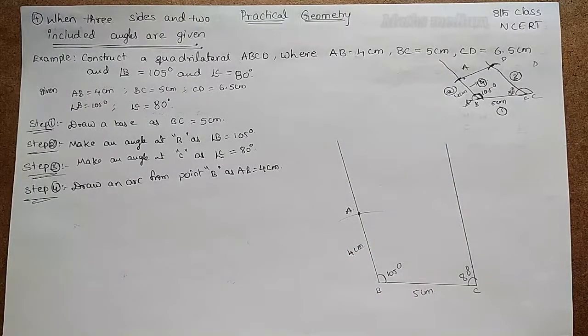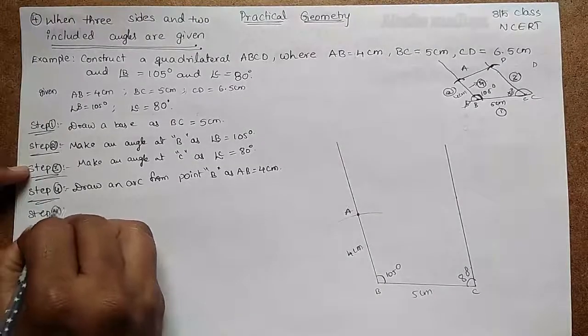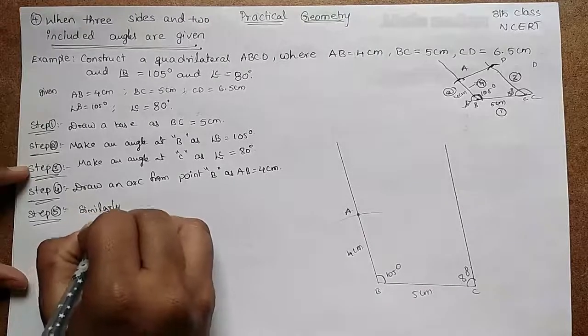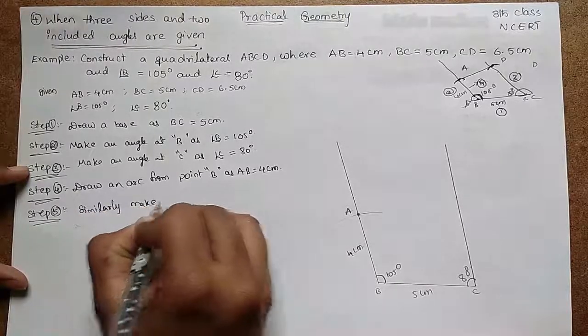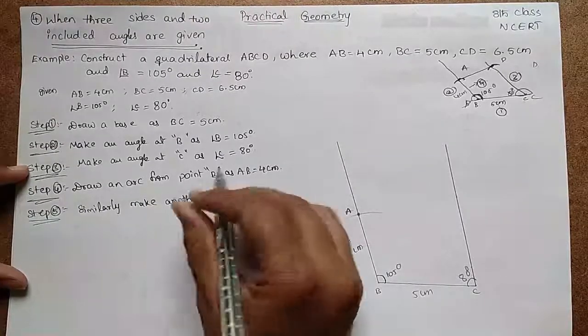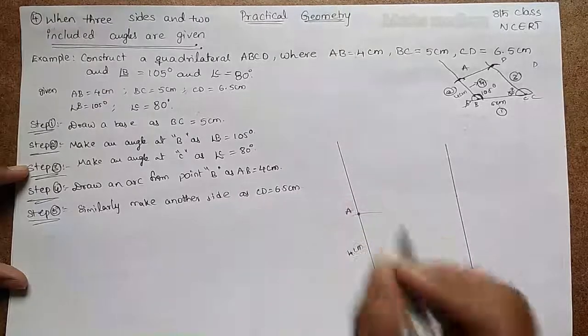And next, step 5. Similarly make another side as CD is equal to 6.5 centimeters.